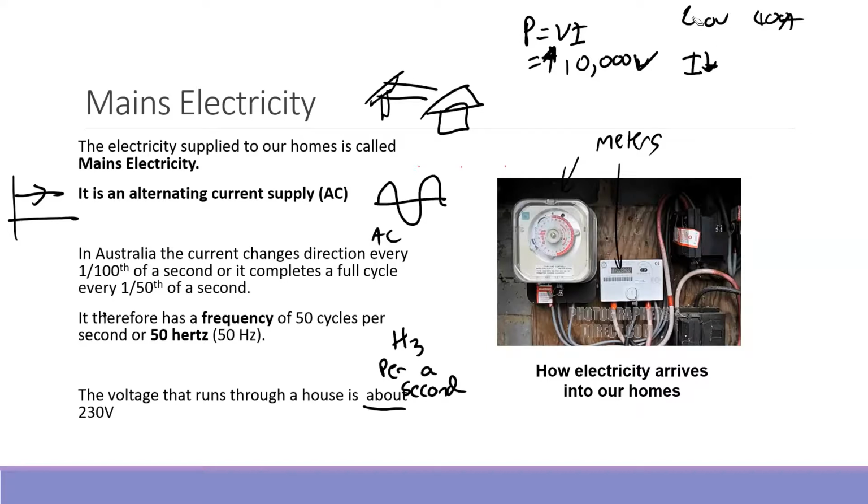So why is it better to use a higher voltage? Because we also know P equals I squared R. The power lost due to resistance in the wires is linked to I squared R. So it makes sense to have a high voltage rather than a high current.